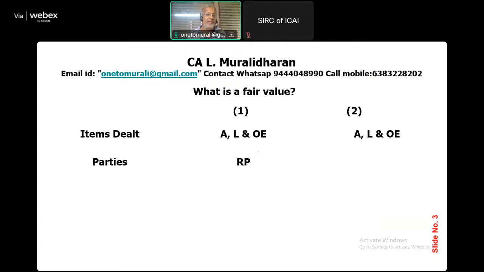When the parties are related, the price cannot be considered arm's length price, and if they are unrelated parties, then we will consider the price as arm's length price.